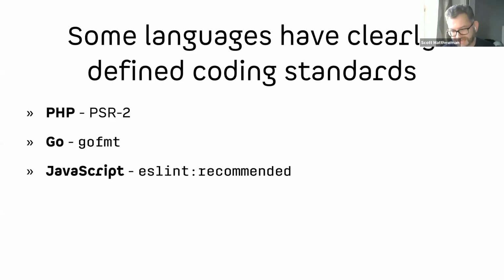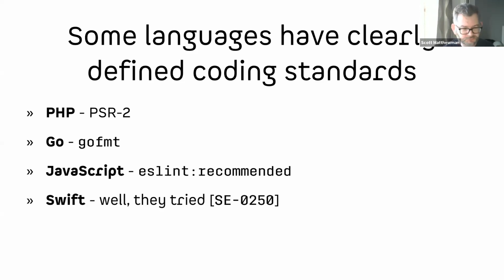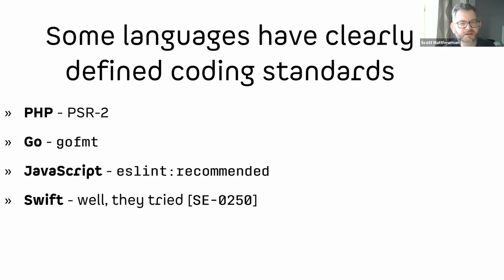These days, you tend to have a collection of recommended style guides. And if you start using React, there's a whole set of React recommended ones and so on. Swift have tried and failed and had one of the most acrimonious disputes I've ever seen on a computing mailing list, which is fun to read unless you're actually part of it.